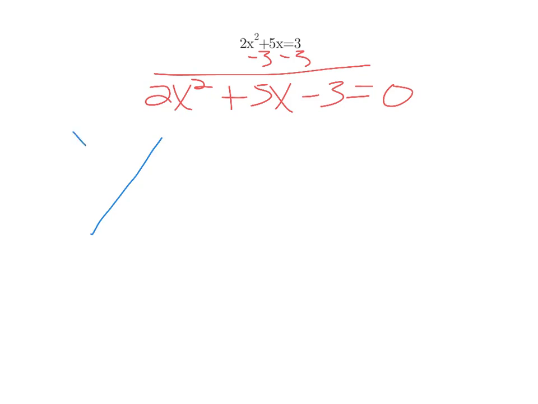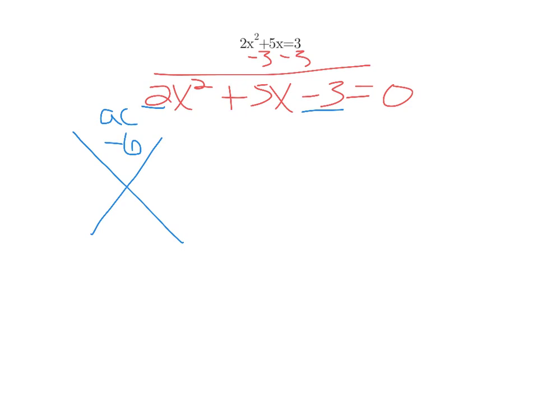Now I'm going to look at my trinomial, and I'm going to factor it using my diamond method. So I'm going to create my x, and remember the top part of the x is the product of a and c. Remember, a is the leading coefficient in front of the squared term, and c is our constant. So I'd multiply together 2 and negative 3 to get negative 6.